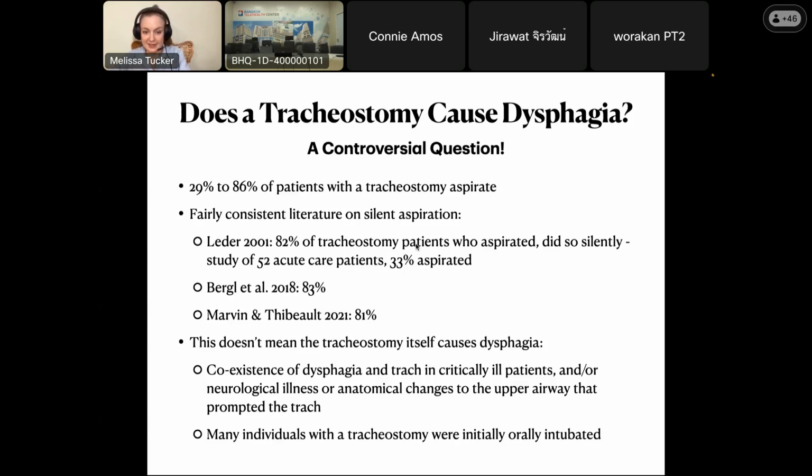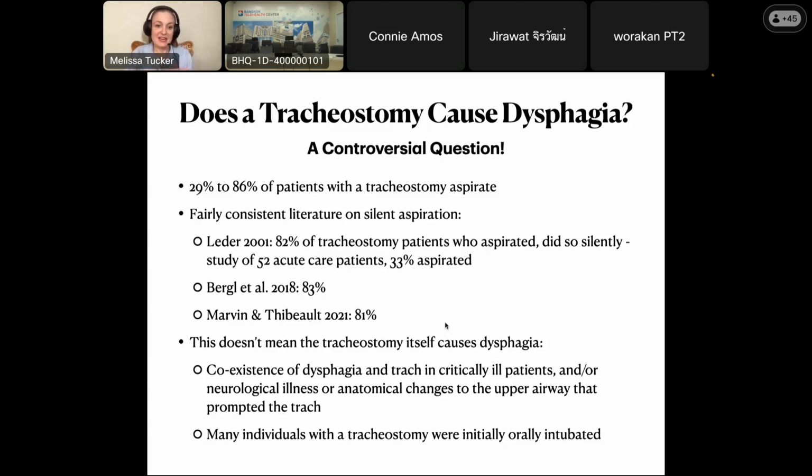And Marvin and Susan Thibault in 2021, again recently, found about 81% of the patients in their cohort who aspirated did so silently. So the percentage of patients with tracheostomy who aspirate is all over the place in the literature. But this number, that 4 out of 5 of those aspirators are silent aspirators, is very consistent.